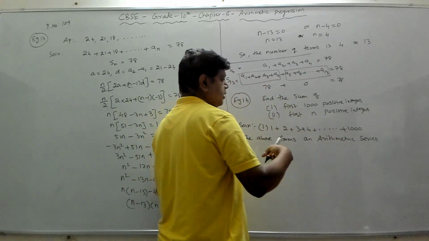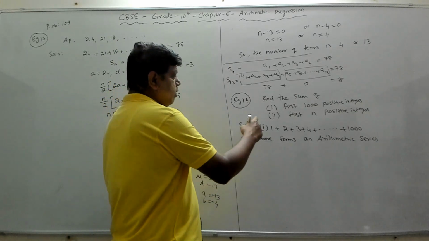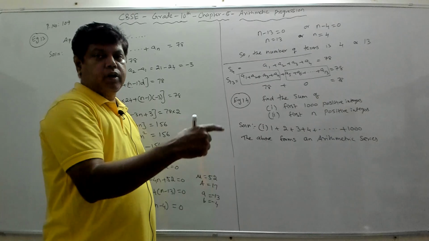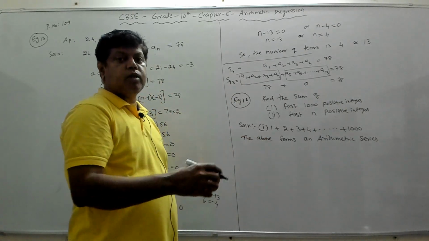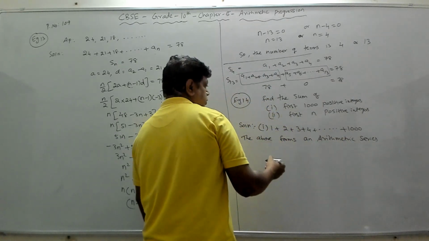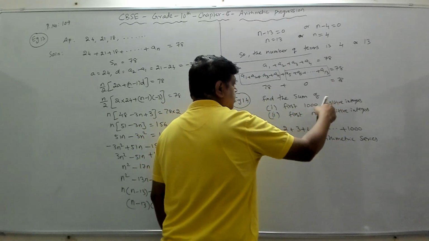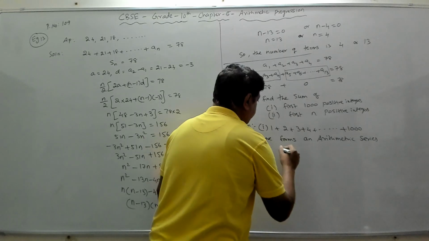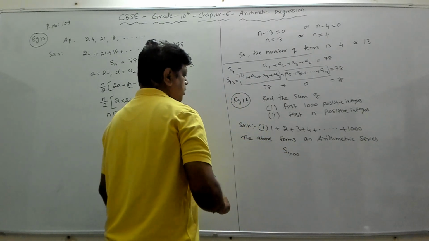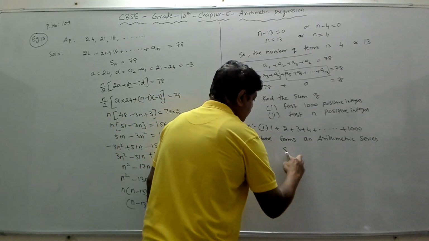If I say 1 comma 2 comma 3 comma 4 comma dot dot dot comma 1000, then that is called arithmetic progression. Now the above forms an arithmetic series, so we have to find sum of first 1000 positive integers, means we have to find S1000, right?